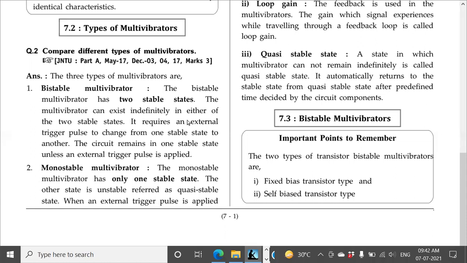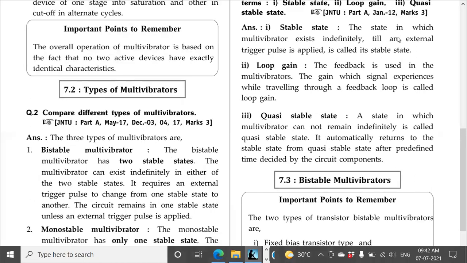The duration for which it remains in the quasi stable state depends on the values of the resistor and capacitor. We will have resistors and capacitors, charging and discharging will happen, and you know the time constant is R into C, so it will depend on the values of resistors and capacitor. Remember all this, when we go to multivibrator we will see all this in detail.